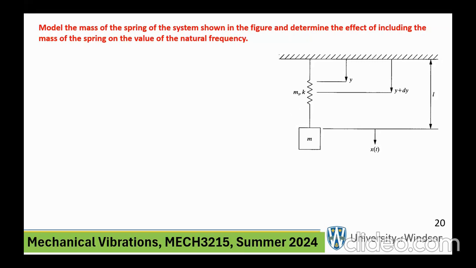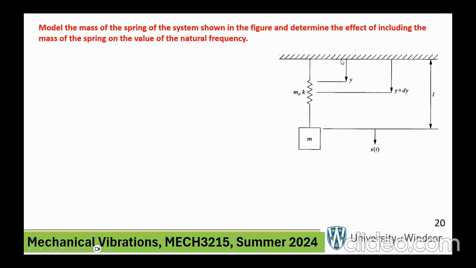So here's the situation. Suppose this spring has a mass of ms. The mass of this object is here, but the mass of the spring is ms. So the whole length of it has a mass ms. If I go to some distance y away from the support, and a little bit past that, if the length of this short piece of spring is dy, we can find the mass of that little piece.